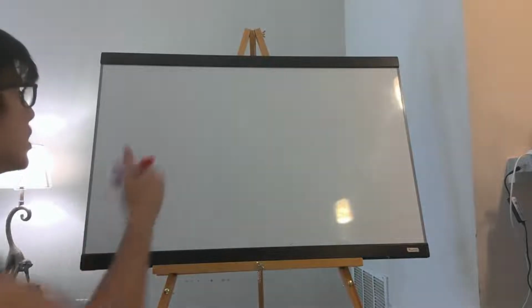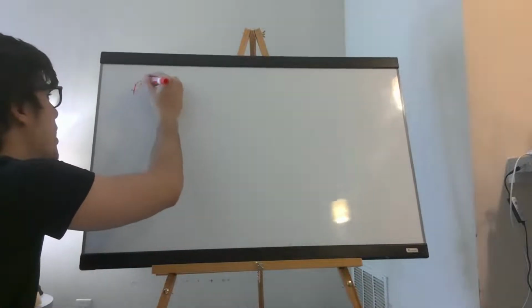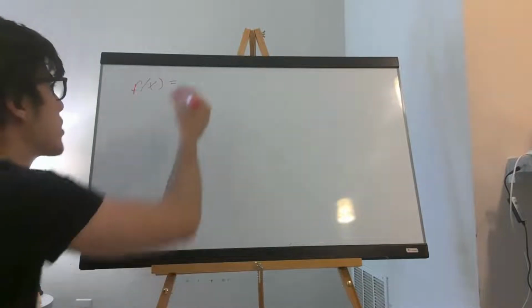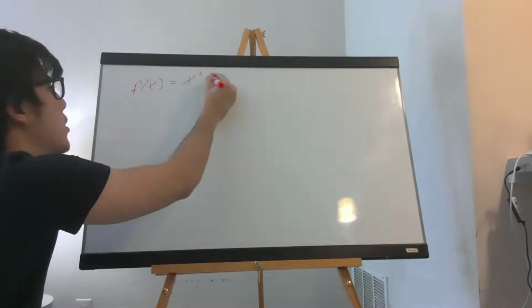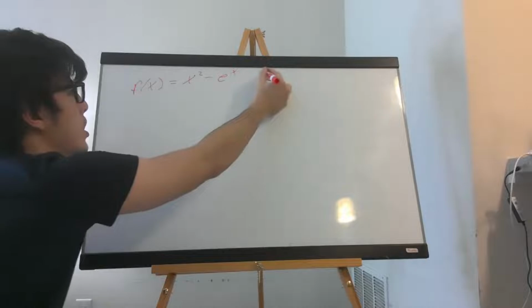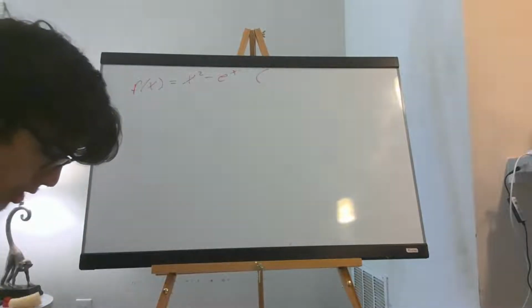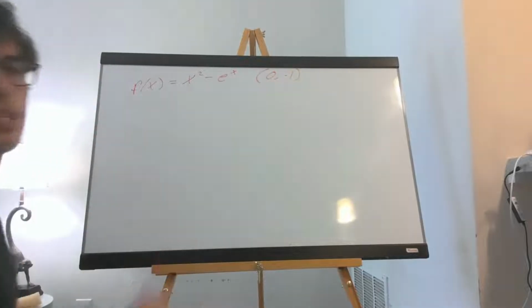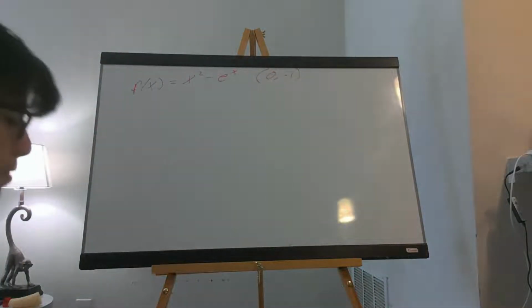We've got f of x equal to x squared minus e to the x. And we've got the point (0, -1). So our task is to find the slope of the tangent line.